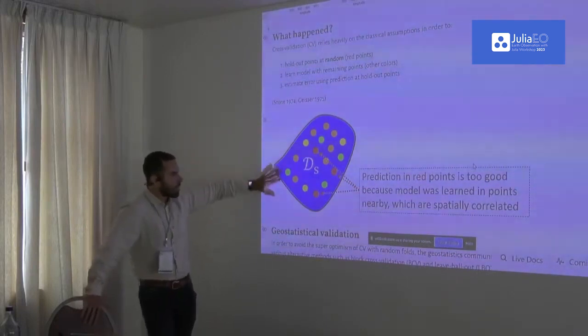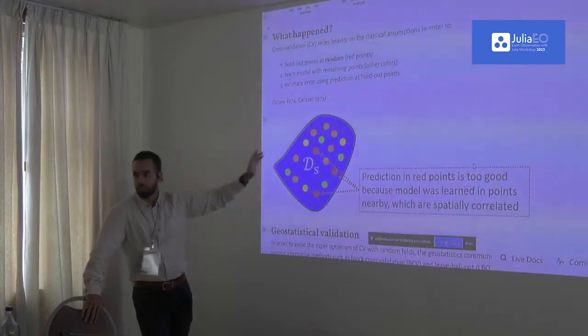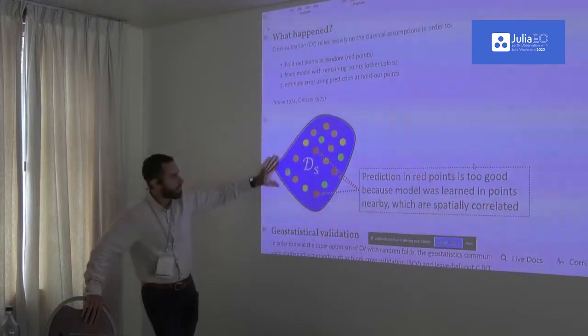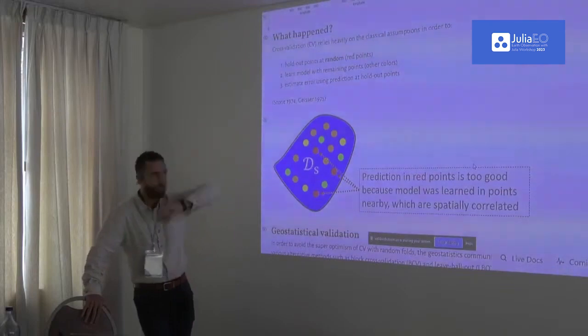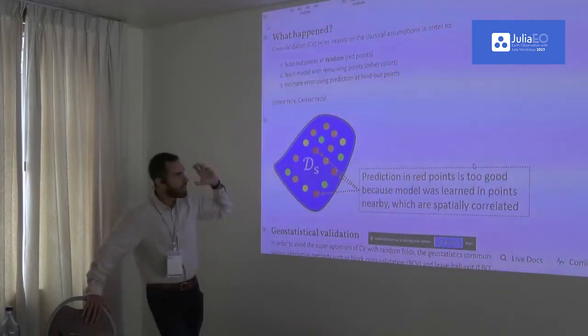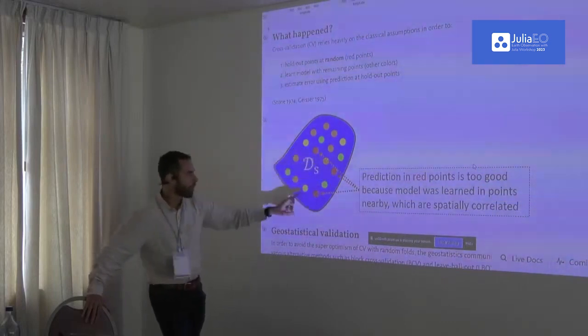The explanation, again, is similar to that illustration I showed before. The naive cross-validation procedure you have in scikit-learn and all these frameworks for doing machine learning uses random splits of the data set. So you get your domain, and you randomly select samples to be in fold 1, fold 2, fold 3, fold 4.